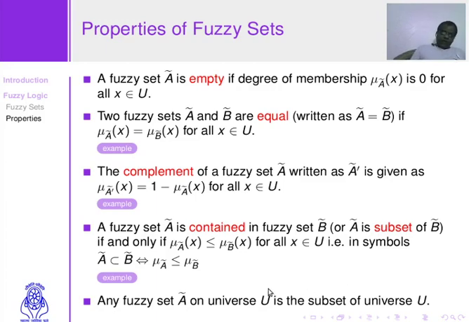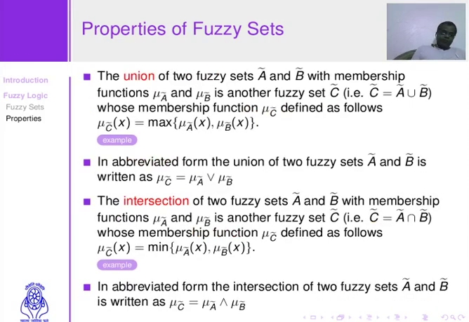Please note down that the universal set is not a fuzzy set, it is a classical set. The universal set is always a classical set. So every fuzzy set is a subset of the universal set.